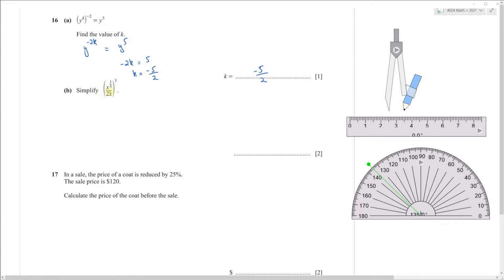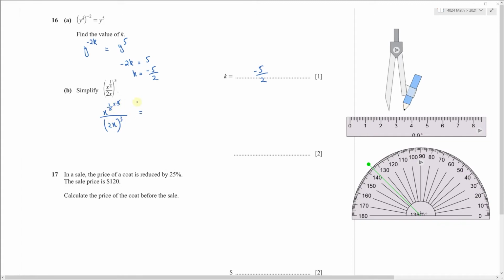Part B is you have to simplify this expression. So again, I'll bring the power inside. So it will be multiplied by this power in the numerator, and 2x will get this power 3 as well. So if I bring this inside, x power 1 by 3 multiplied by this 3 over 2x whole power 3 in the denominator.